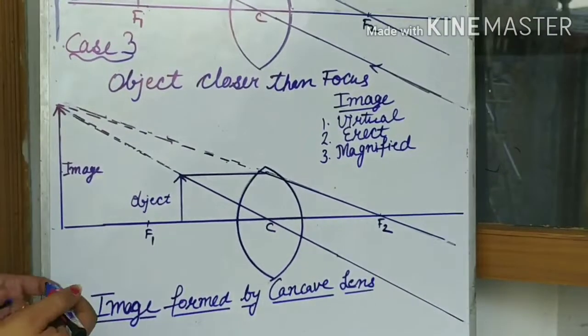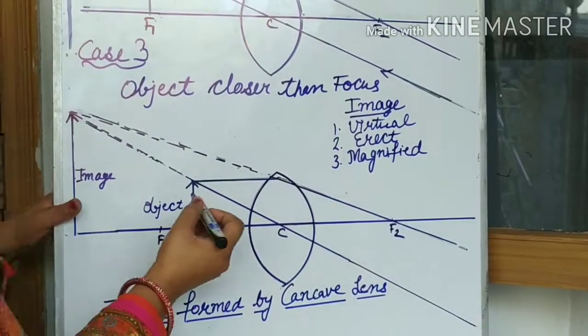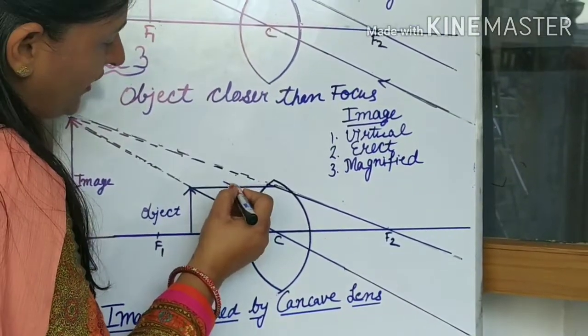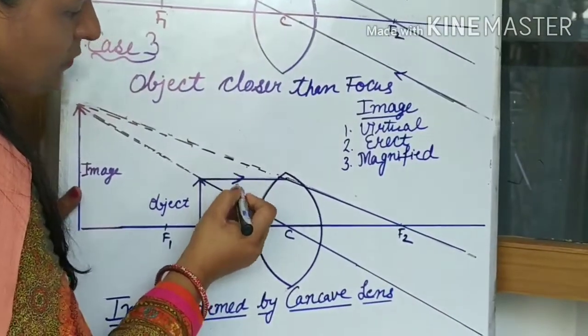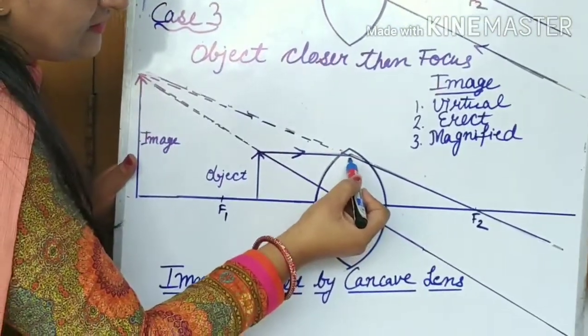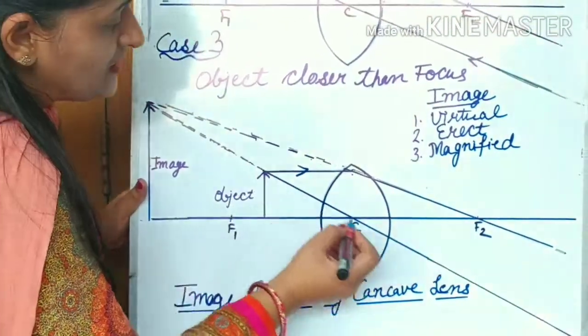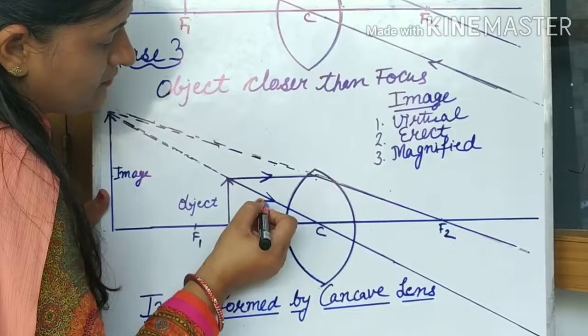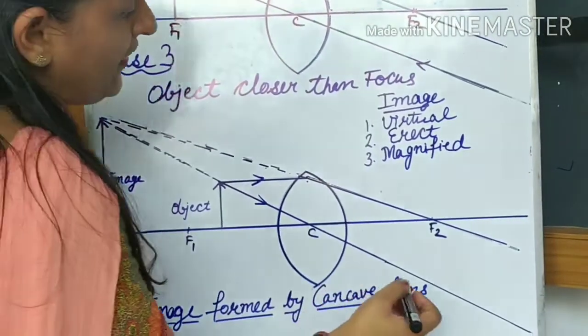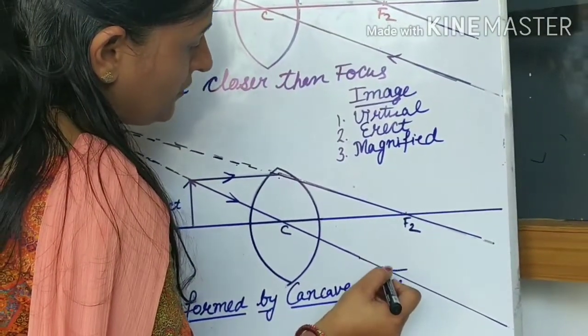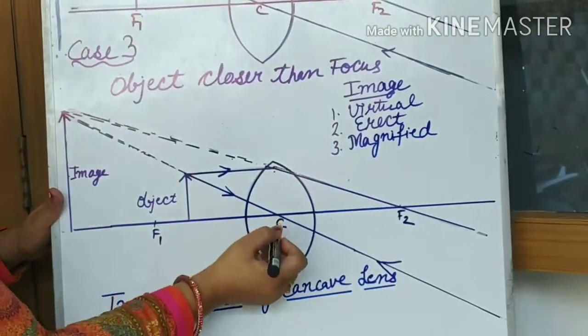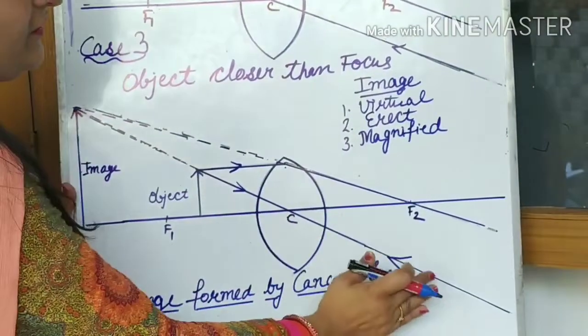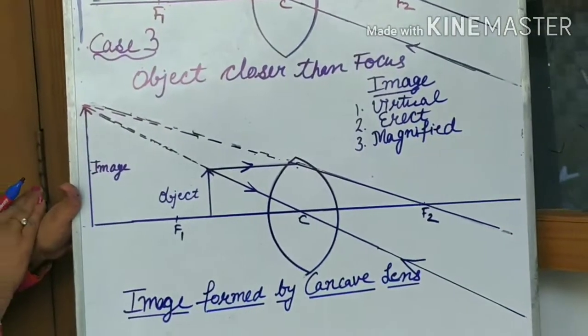Now what happens here? Again we have to take two rays. First, one ray I have taken parallel to the principal axis. This is the incident ray. Another ray passes through the center of curvature. And we know that the ray which passes through the optic center will be retraced back in the same direction.